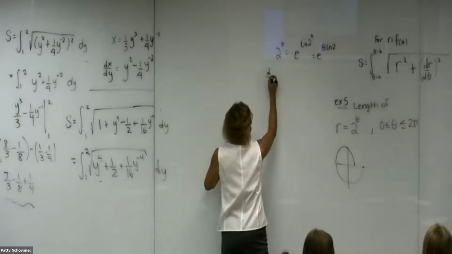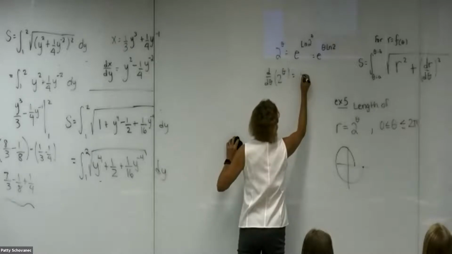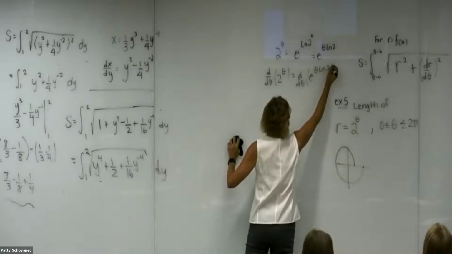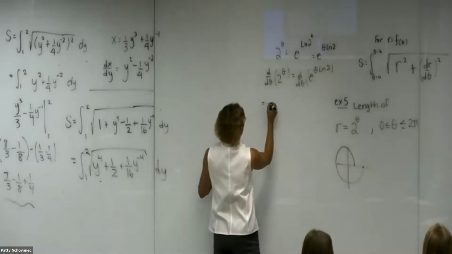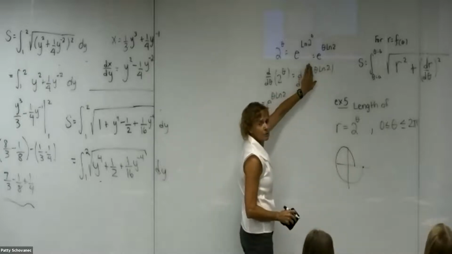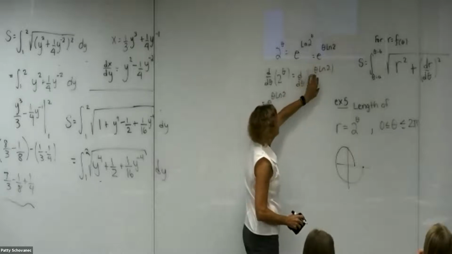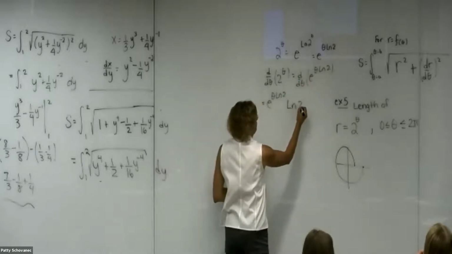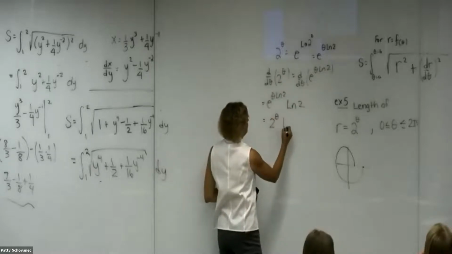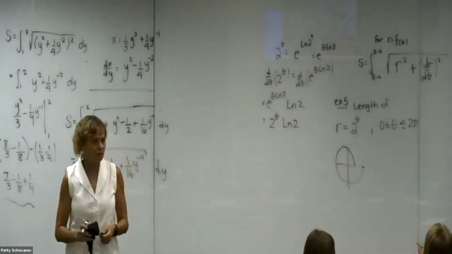So if I want to take the derivative with respect to theta of 2 to the theta, I just take the derivative of that. The derivative of e to any power is itself times the derivative of the exponent. Natural log of 2 is a constant, theta is the variable. The derivative of theta is 1, so I get 1 times the natural log of 2. This was equivalent to 2 to the theta. So there's the derivative of 2 to the theta: itself times the natural log of 2.